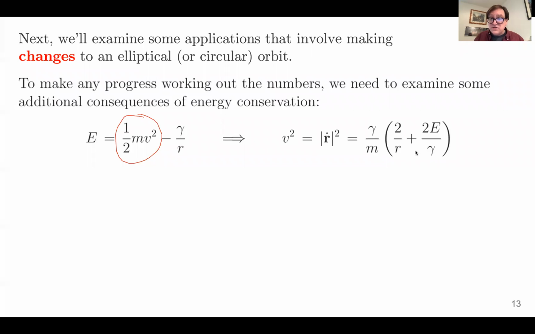And this is actually an interesting solution. It's the velocity squared in terms of constants and the radius and the total energy. Now, it's normally not all that common to talk about the total energy of an orbit. So there is a replacement that we can do.